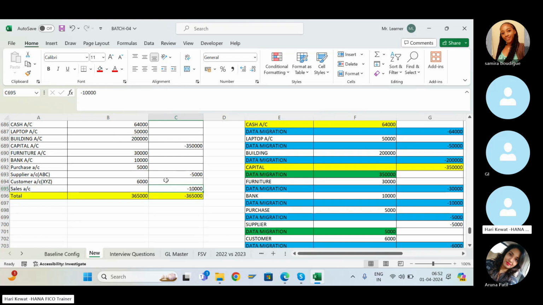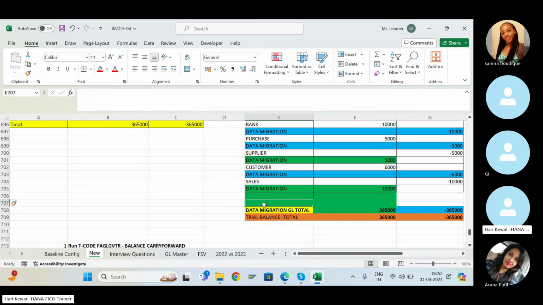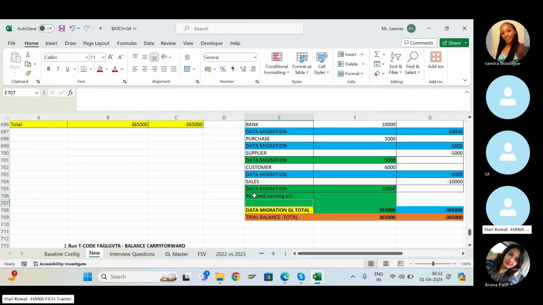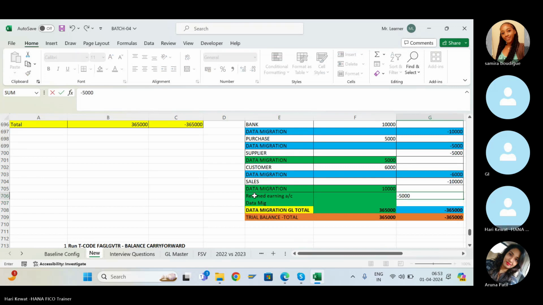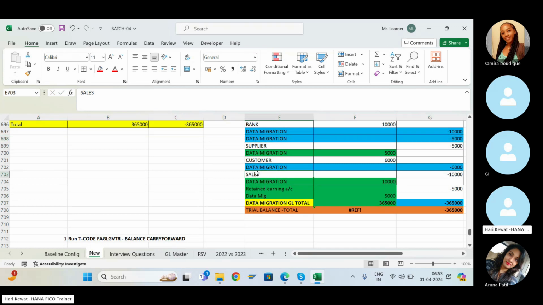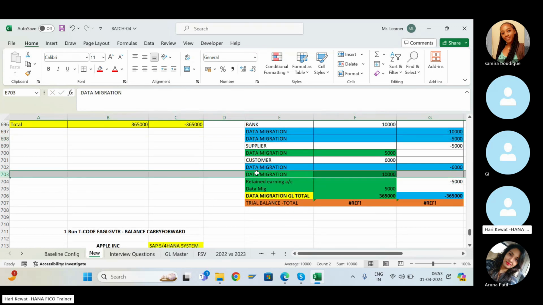Revenue side 10,000, expense side 5,000, so net I'm getting minus 5,000, which means I'm in profit. So I'll put retained earnings account credit 5,000 and data migration GL debit 5,000, and these two GLs I'll remove. I'll not migrate them individually. Is it clear what I'm telling?